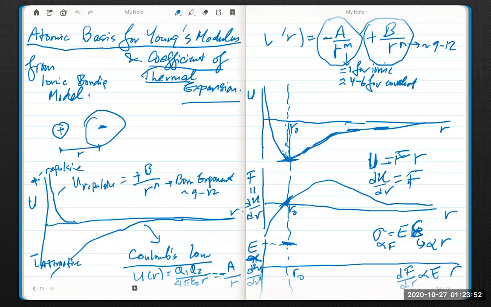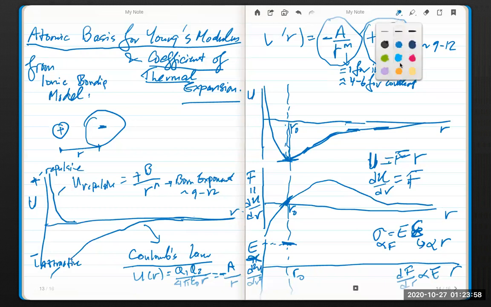Okay, what about the coefficient of thermal expansion, which is the question from our student that I started with in the first place? The energy separation curve has its minimum at temperature, let's call it T naught, of 0 Kelvin. At higher temperatures, let's use a different color, the cation and anion in this example jiggle more, oscillating backwards and forwards, left and right, like this at T1, where T1 is bigger than T naught.